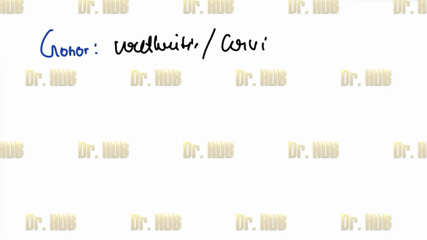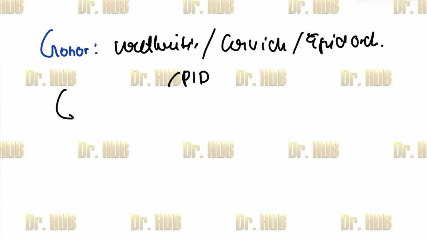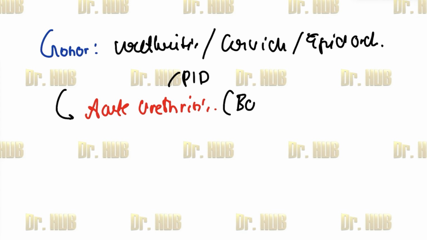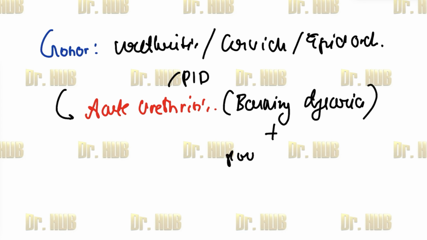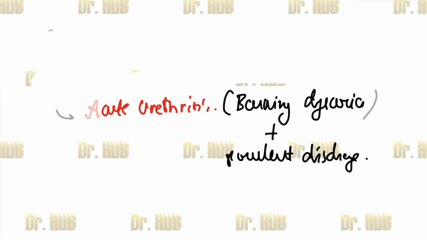There can be cervicitis, epididymo-orchitis, as well as PID, which stands for pelvic inflammatory disease. The usual presentation includes acute urethritis with complaints of burning dysuria as well as purulent discharge.